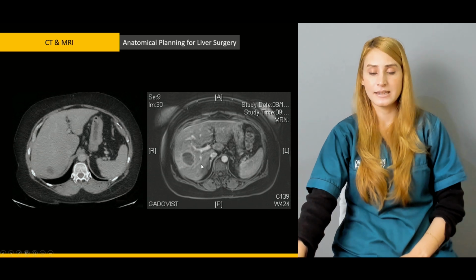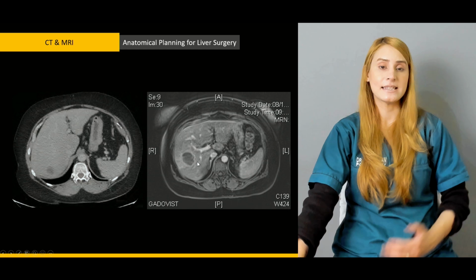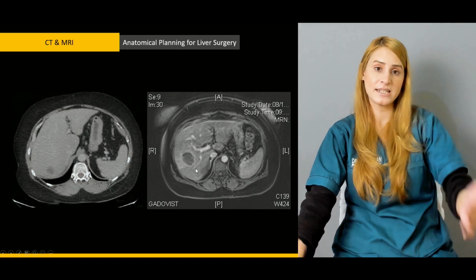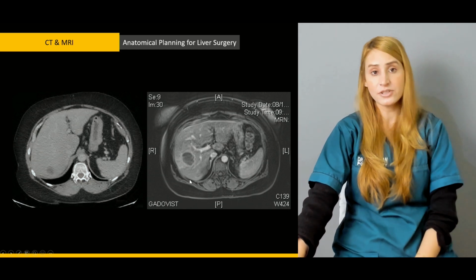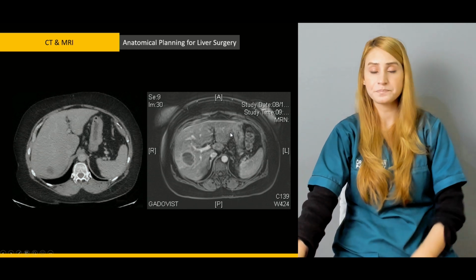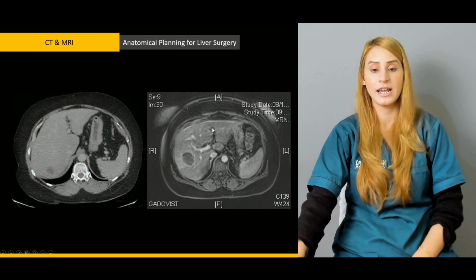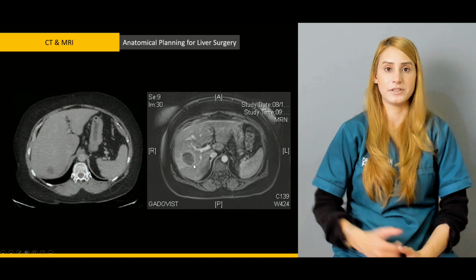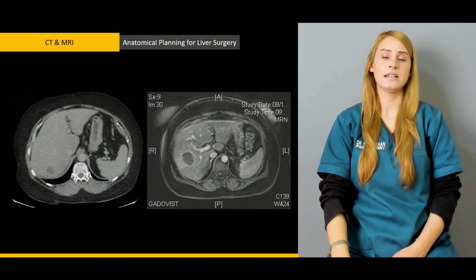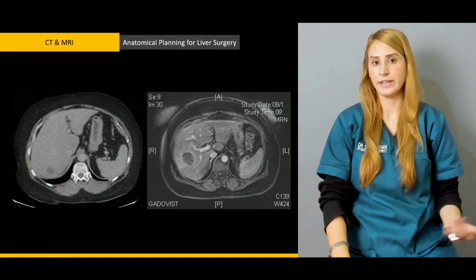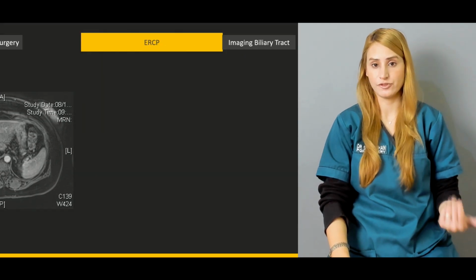The MRI is also giving you more information because it's more informative in the pathologies related to soft tissues. So CT and MRI are helpful in the anatomical planning for surgery.